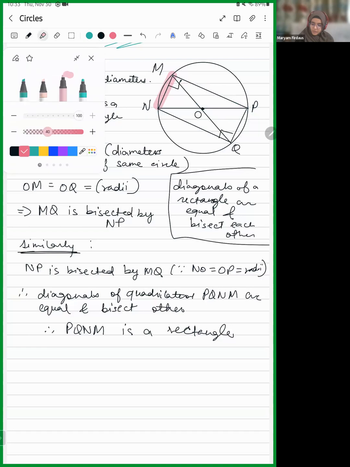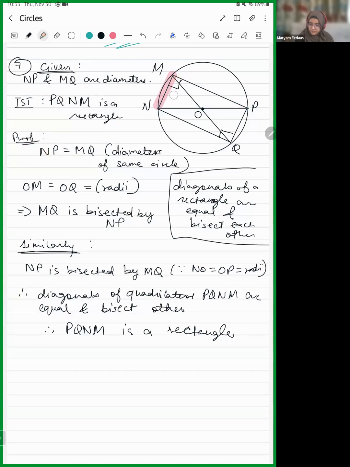This triangle and this triangle are congruent. Can someone tell me why? See, this side is equal to this side because radii are equal. NP is equal to MQ.